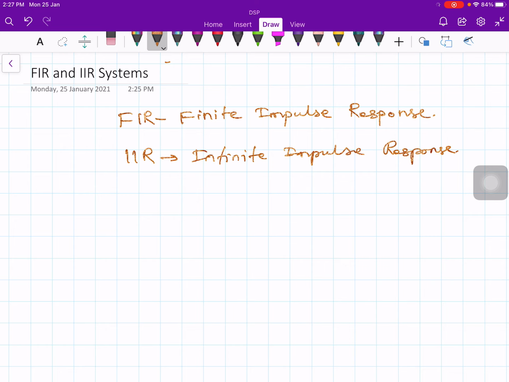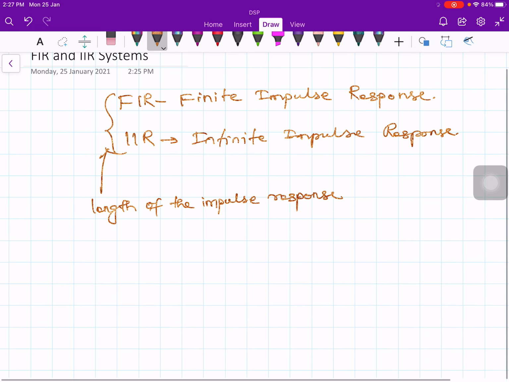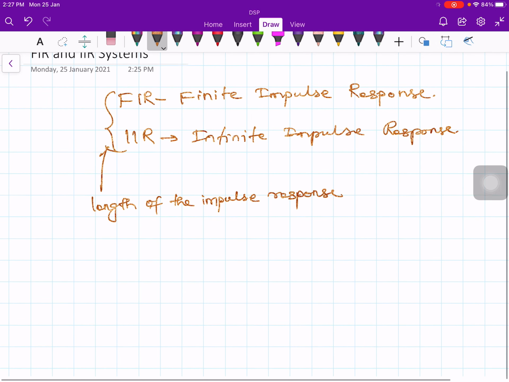So finite impulse response and infinite impulse response refers to the length of the impulse response. We know what we mean by impulse response, right?